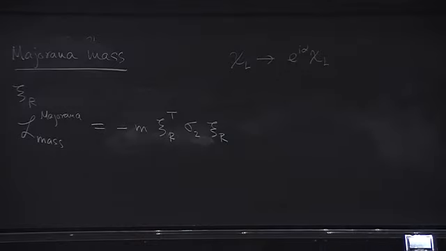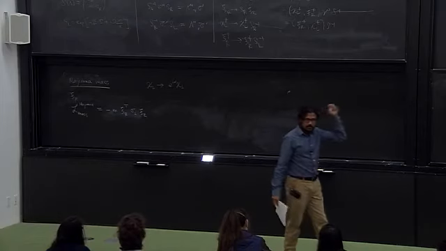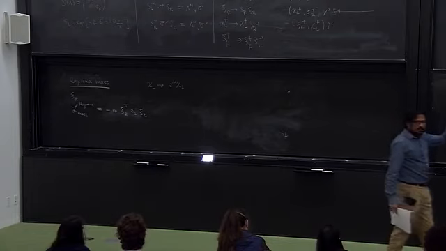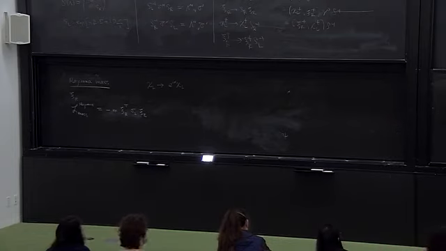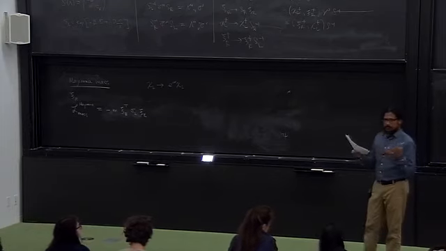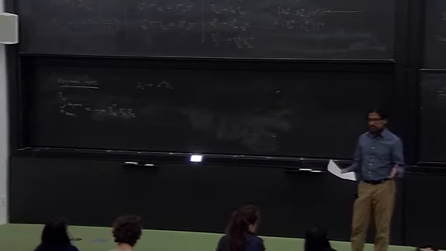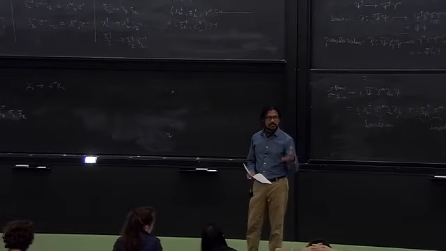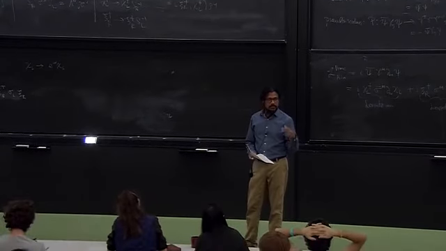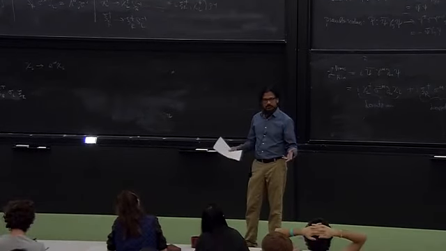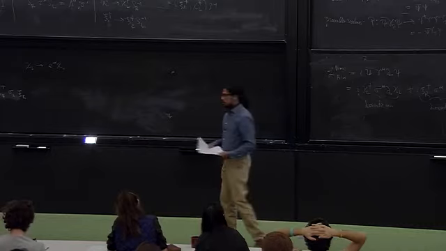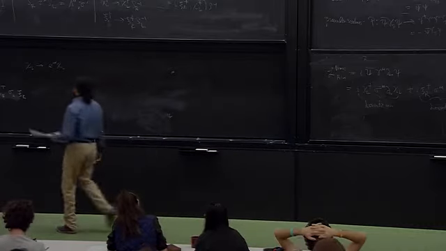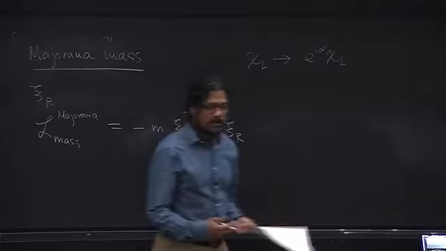You saw something like this in your complex scalar field. Your complex scalar field Lagrangian was invariant under a global phase symmetry, and that was a reflection of the fact that the charge you associate with the particles you got from quantizing that field was conserved, right? We will see in a future lecture that in the case of spinors, that's also the case.